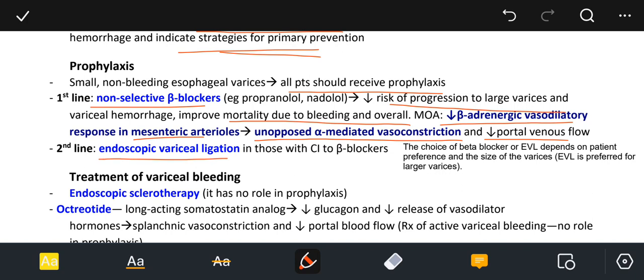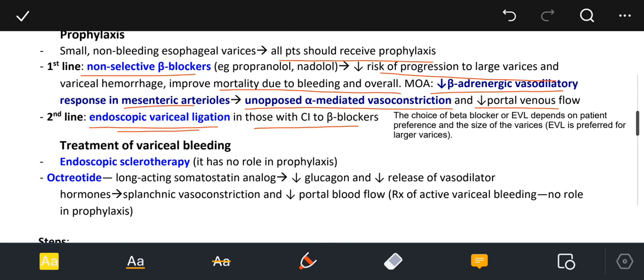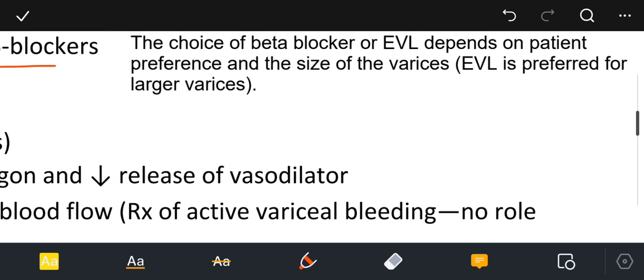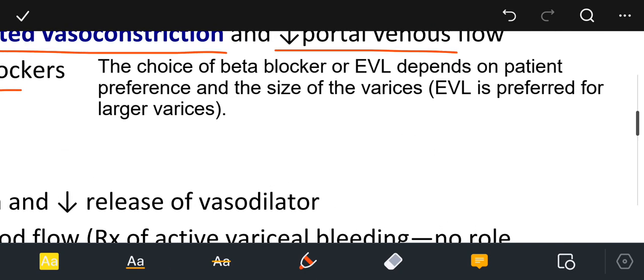Second line is endoscopic variceal ligation in those with contraindication to beta blockers. The choice of beta blockers or endoscopic variceal ligation depends on the patient preference and the size of varices. Endoscopic variceal ligation is preferred for the larger varices.